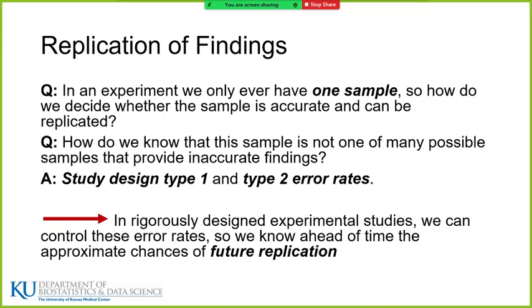If I fail to find something, so if my result is that there's no association and my power was 90% and my type 2 error rate is 10%, so 90% and 10% add up to 1 or 100%, then there's a 10% chance that that's a false negative finding. When we design our studies in this way, we can quantify it. So we know. And when we set those error rates, we set them in that way.